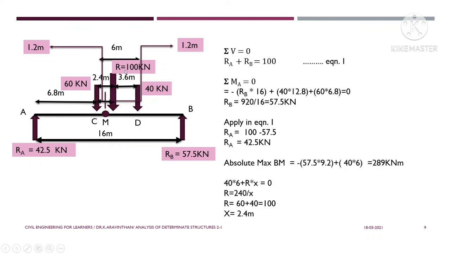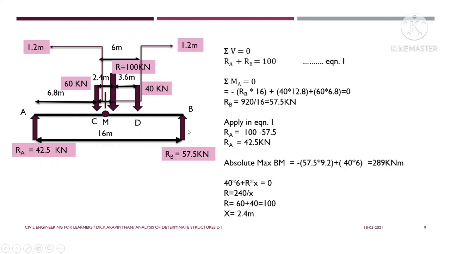Note that here the resultant is imaginary. Why we are finding the resultant is to locate the load at a particular point in a girder. After locating, the resultant is not required, and it is not a real load also.